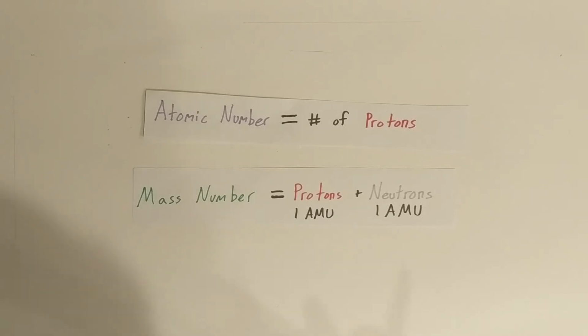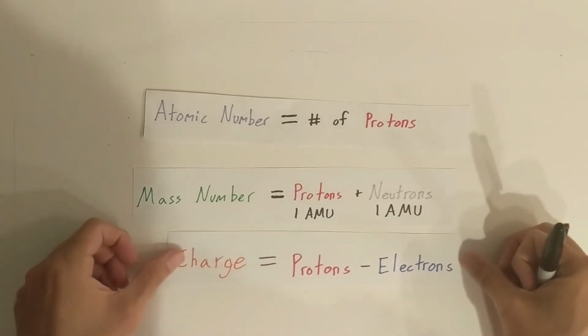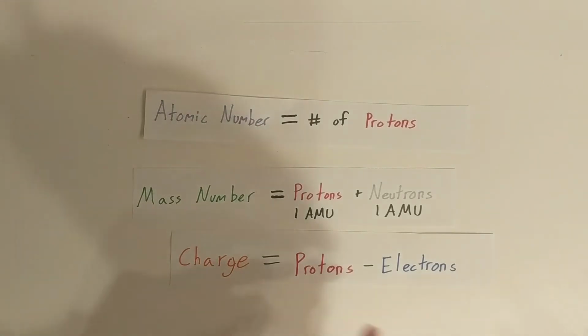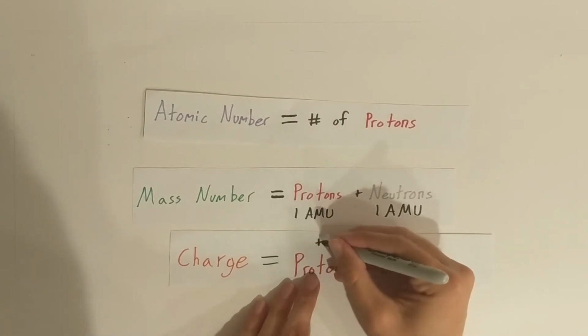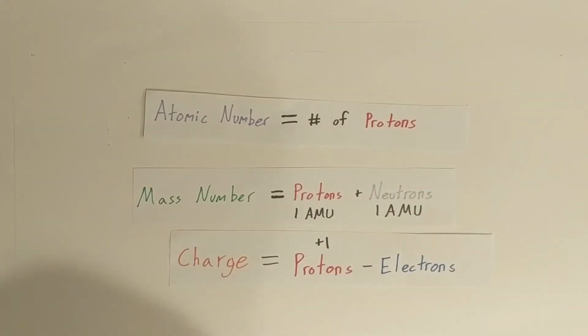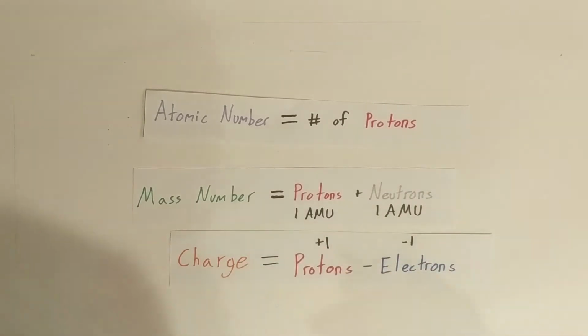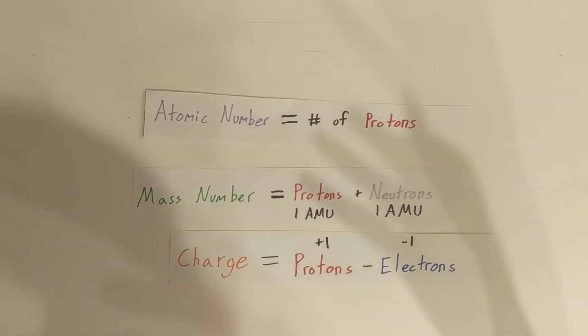And then the last thing that we need to keep track of is the charge. So if we remember, protons have a +1 charge. Every proton has a +1 charge, and every electron has a -1 charge. So they got the same charge, just opposites. Protons are plus, electrons are minus.